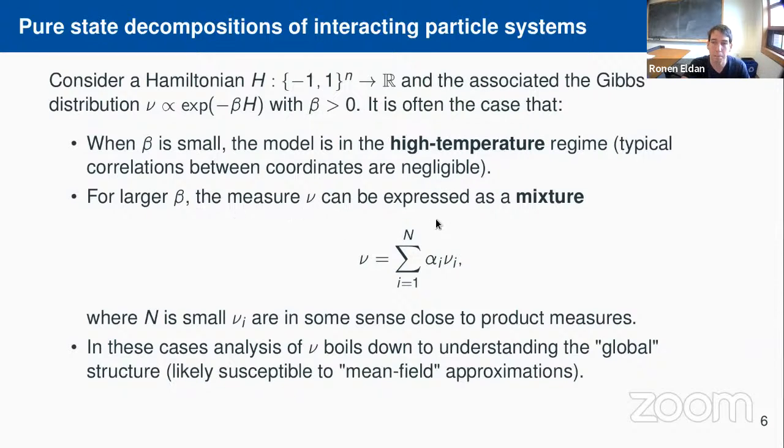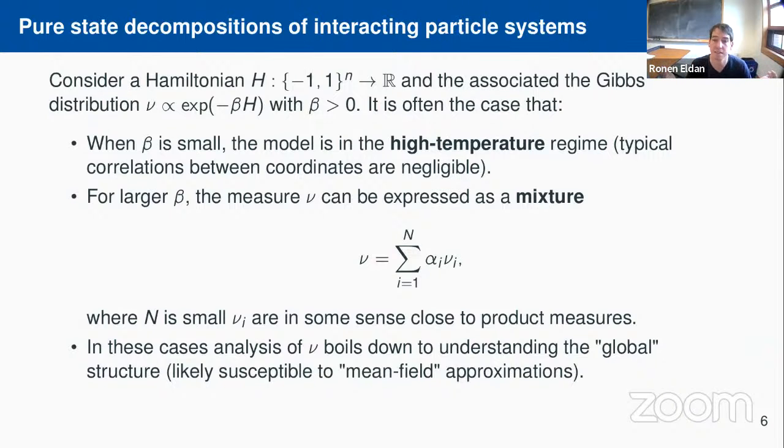Namely, the measure can be expressed as a mixture. We can write it as some kind of convex combination with the number of components not being too big, such that each of these measures individually is in some sense close to a product measure. So it's not a product measure by itself, but it can be decomposed into a small number of product-like measures.